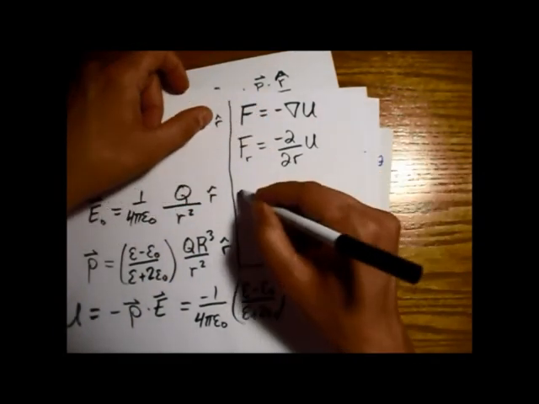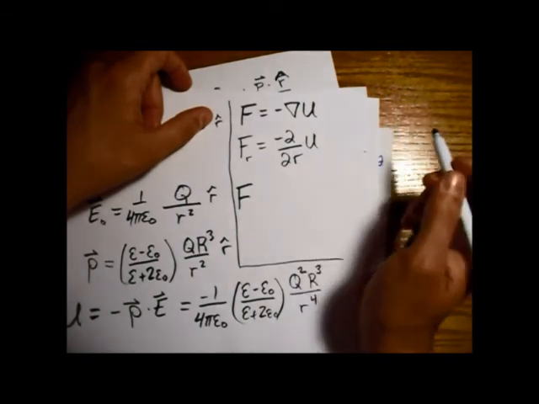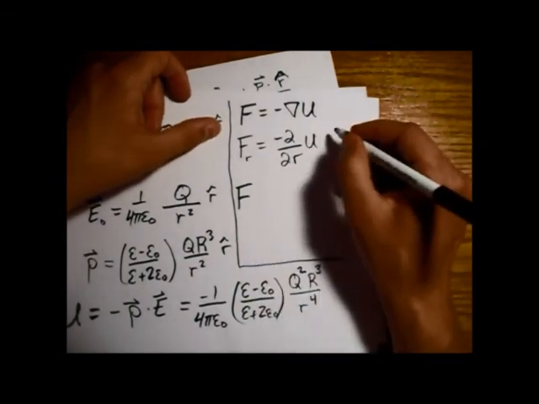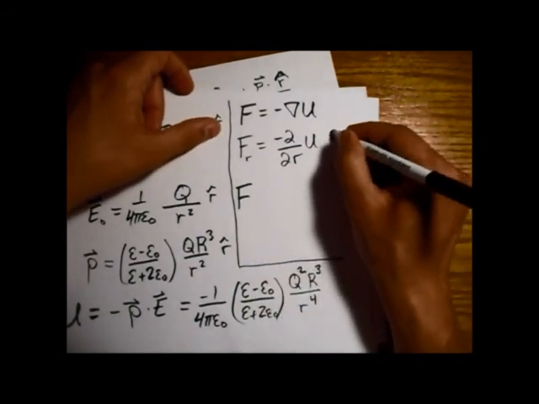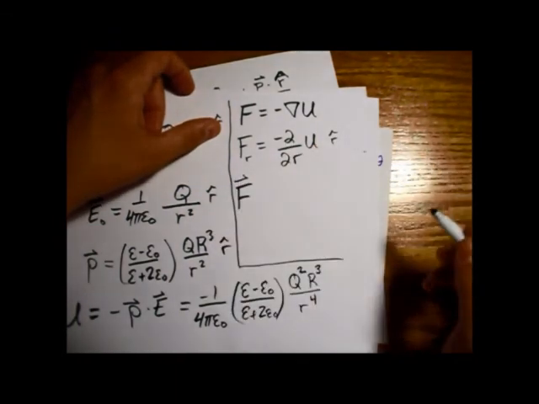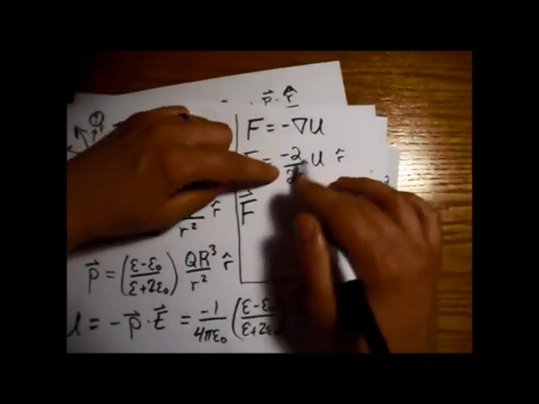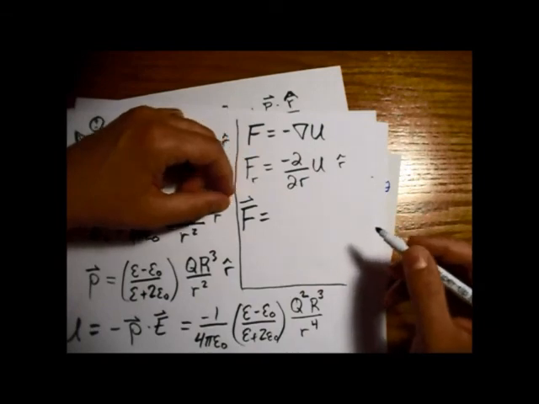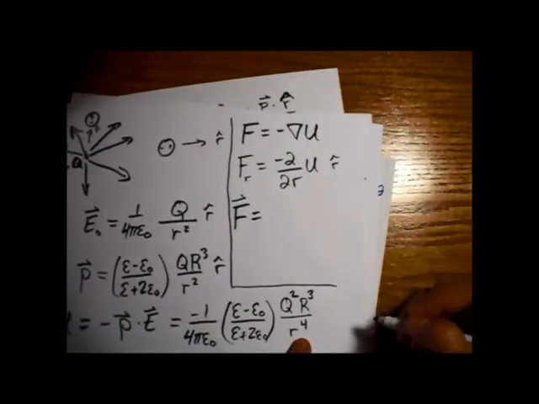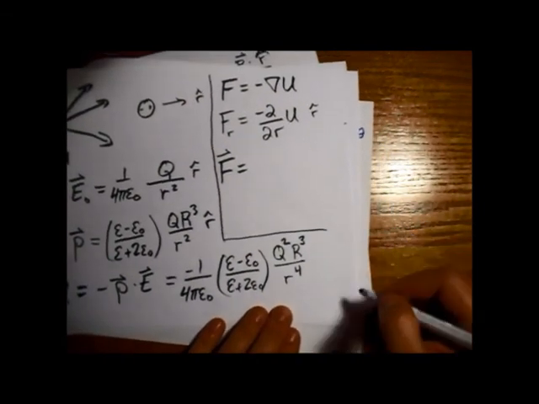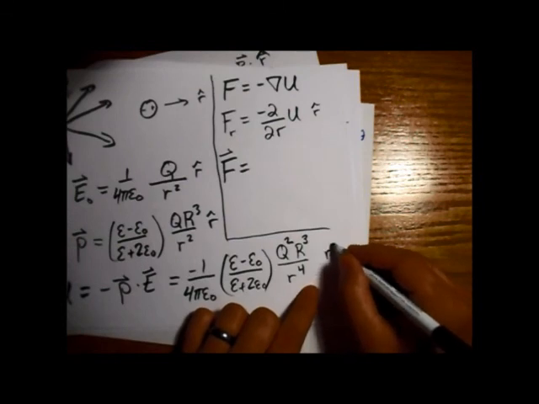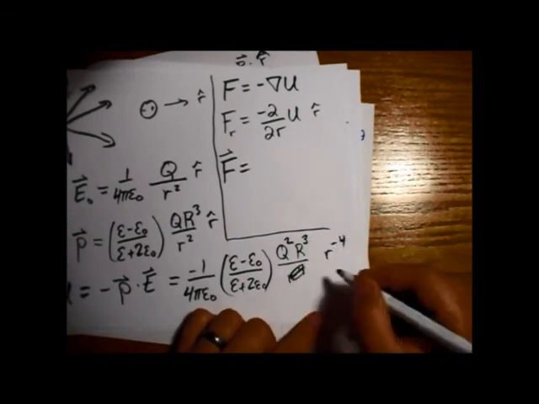So our force, and this is in the r hat direction, right? This is the only component, so away we go. I'm going to bring r to the minus 4 up here.